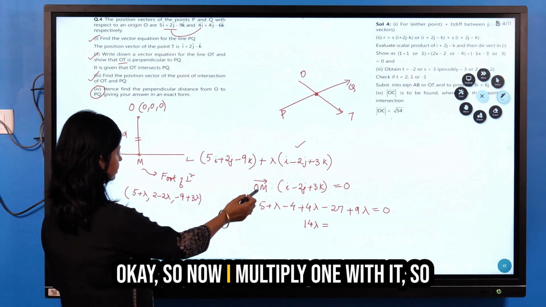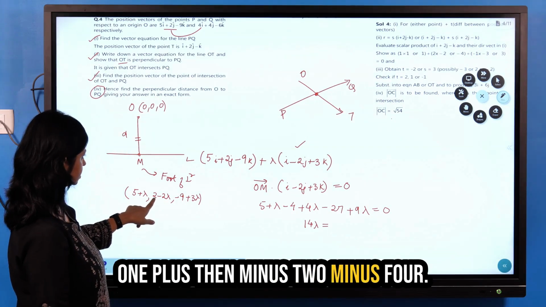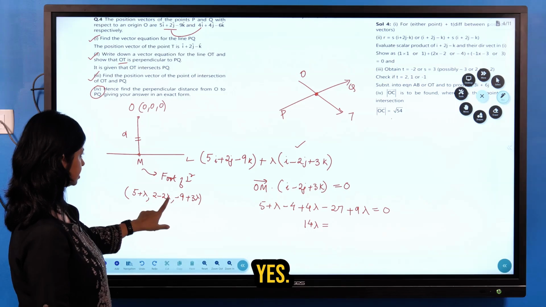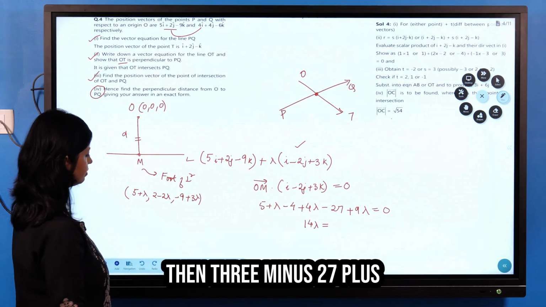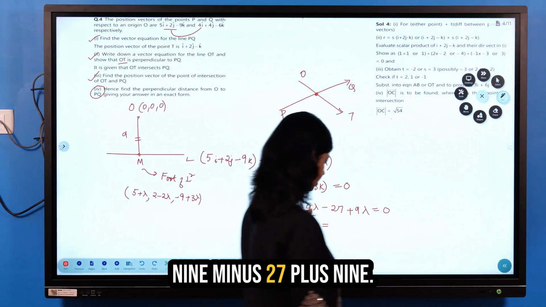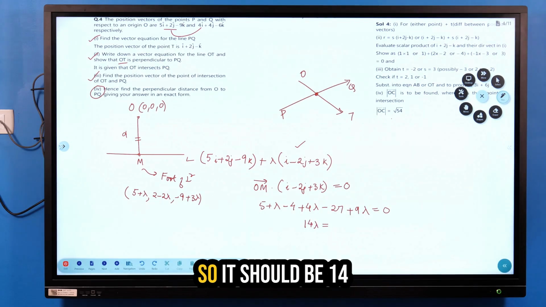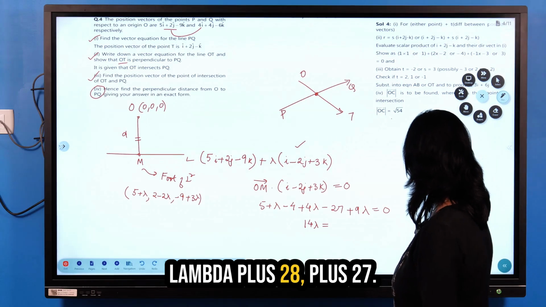Now I multiply 1 with it: 1 plus, then minus 2 minus 4, minus 2 plus 4, yes. Then 3 minus 27 plus 9 lambda. So it should be 14 lambda plus 28.